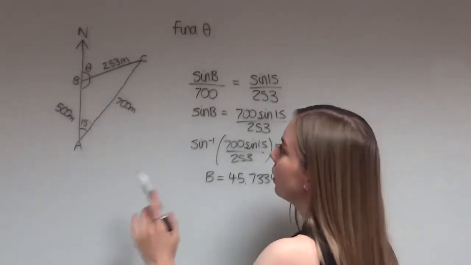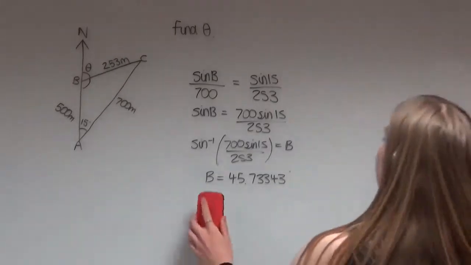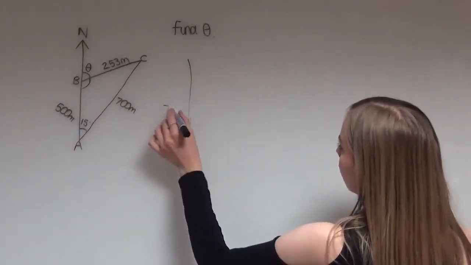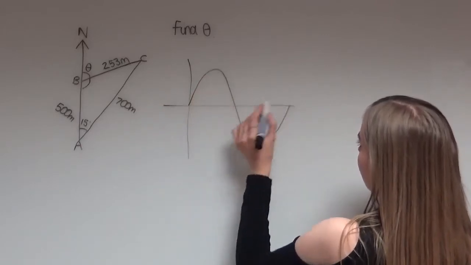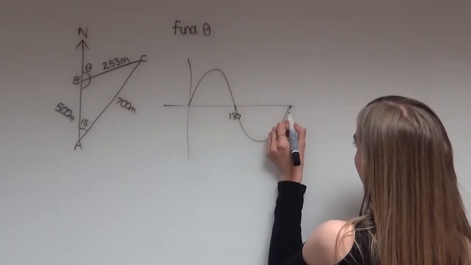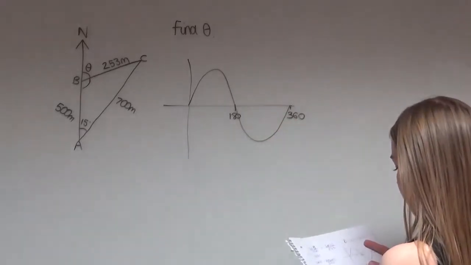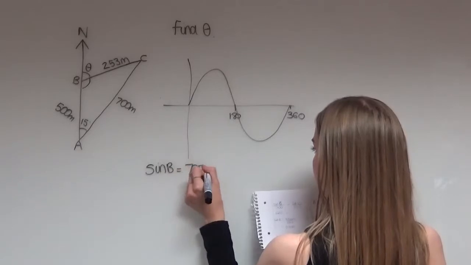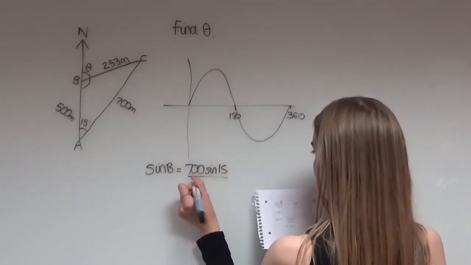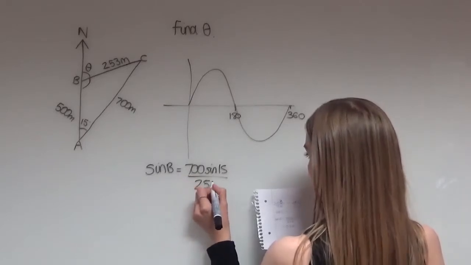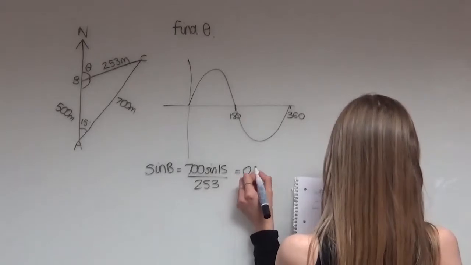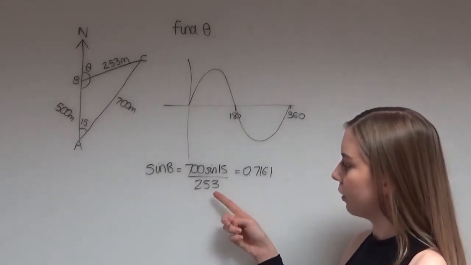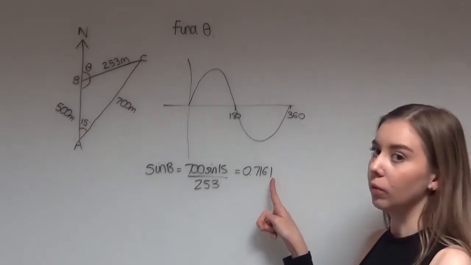meaning it's greater than 90 degrees. And what happens here is that if we draw the sine graph, so we got sine b as 700 sine 15 over 253, and that's equal to 0.7161.